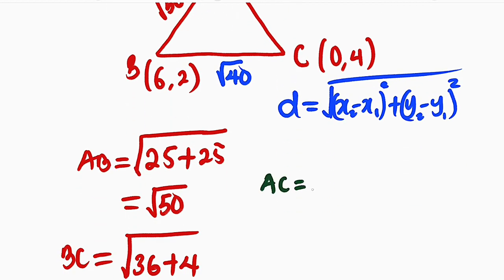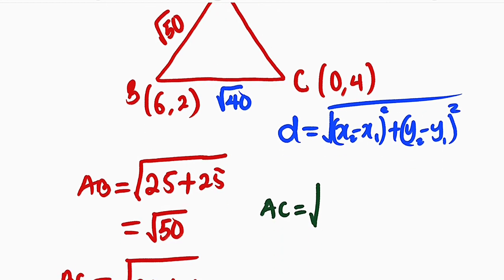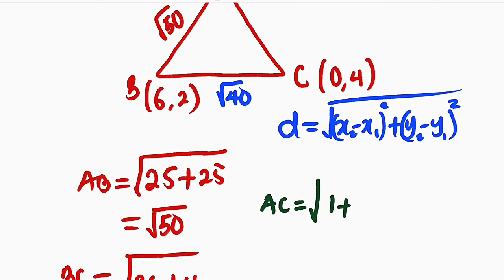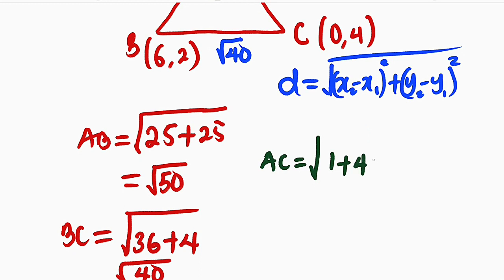AC is equal to the square root of 1 minus 0, which is 1. 1 squared is 1. Then plus minus 3 minus 4 is minus 7. Minus 7 squared is 49. So we have 49 here, which is what? Square root of 50.